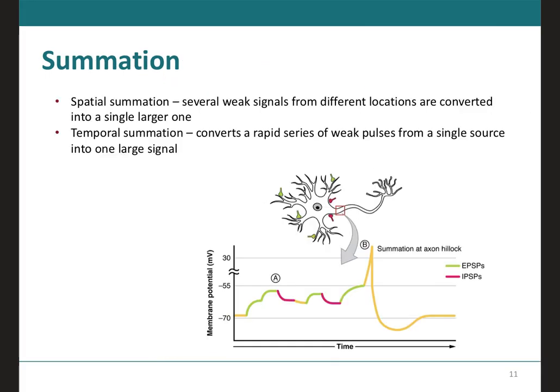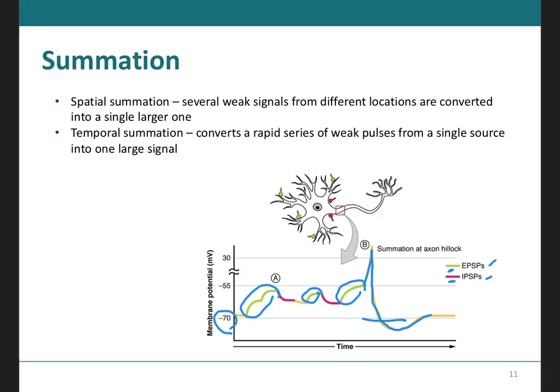So here we have an example of an excitatory response and an inhibitory response. Excitatory in green, inhibitory in pink. Notice how the excitatory sort of wins over the inhibitory, and at the end you have an action potential. Or the membrane can actually be hyperpolarized and be below minus 70 millivolts.